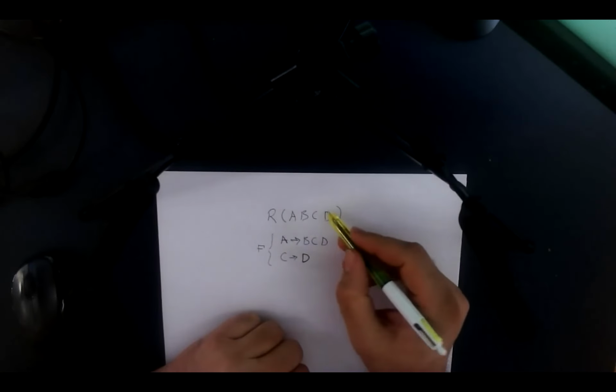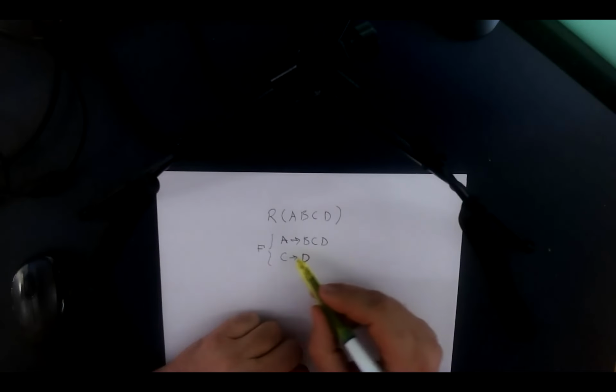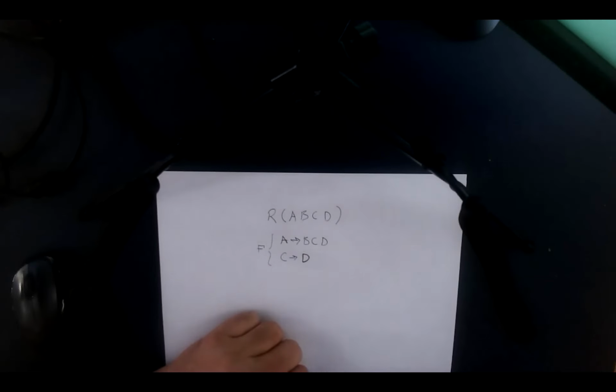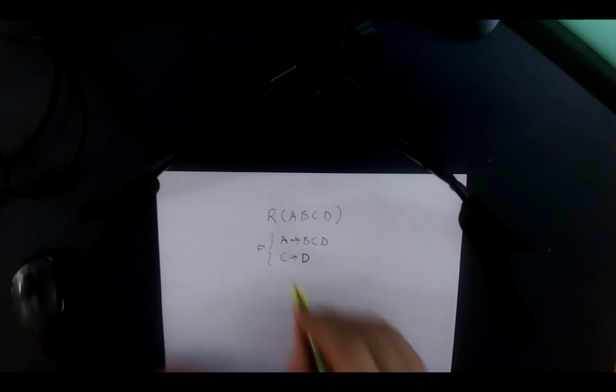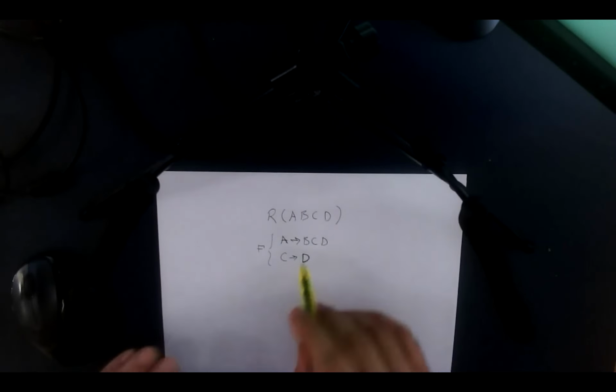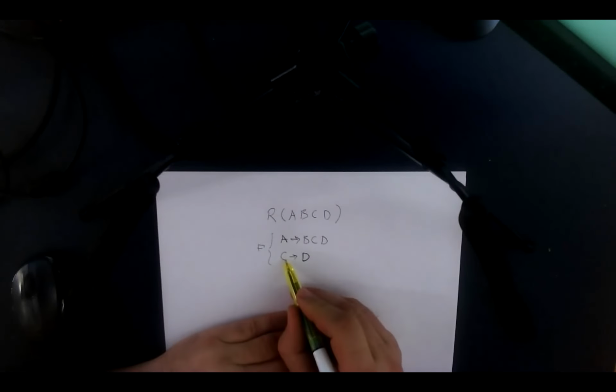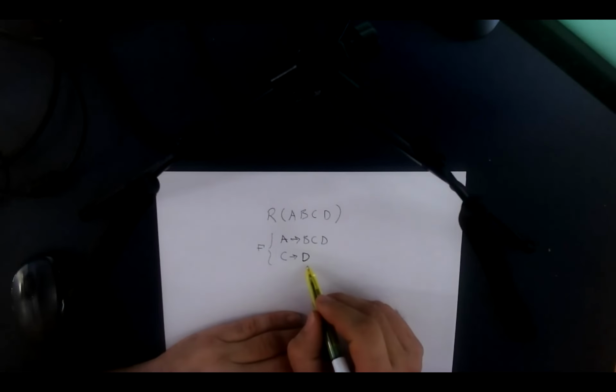Therefore, this relation is not in BCNF because it has an offending or violating functional dependency. Now, if we want to do a decomposition of this so that it's in BCNF, we have an offender here. C goes to D. That's an offending dependency.